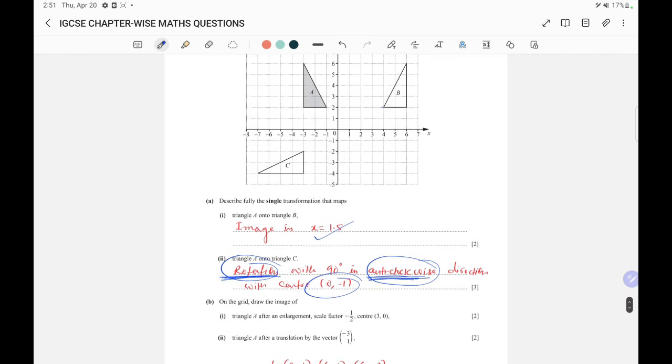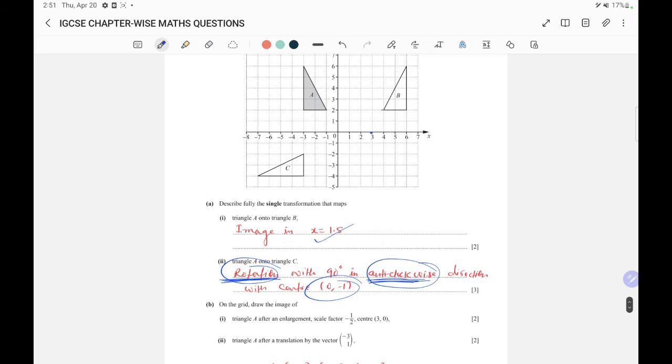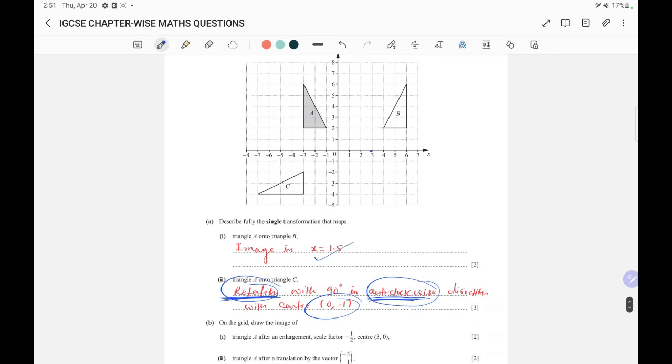First you have to plot 3, 0, and triangle A after enlargement by a scale factor of -1/2. So just join vertices like this, like this, like this, and this unit is 2.